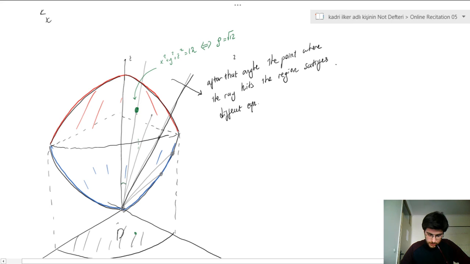As you see, the green one exactly corresponds to rho equals square root 12.